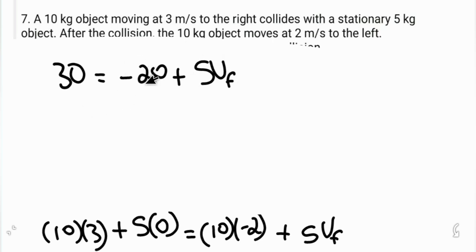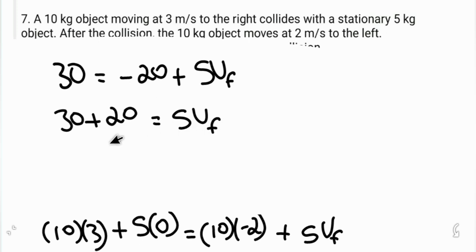Now transpose this to the other side of the equation, so it's going to be 30 plus 20 is equal to 5 times the final velocity of object number 2. 30 plus 20 is 50, equal to 5 times final velocity of object number 2.